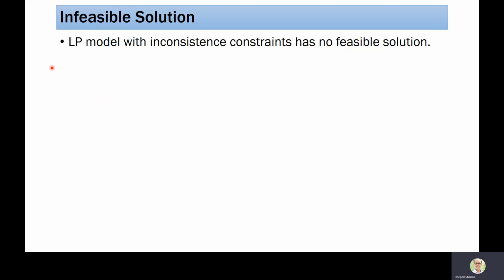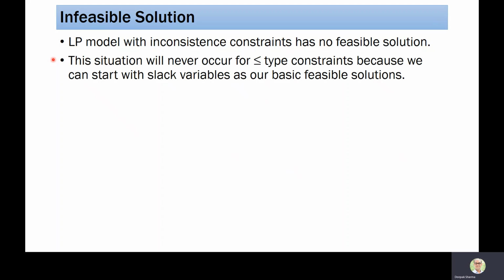Now coming to the last case, which is called the infeasible solution. We already know that an infeasible solution means that some constraint cannot be satisfied. So the LP model with inconsistent constraints has no feasible solution. Suppose we have constraints of the smaller-than type, then our basic solution is feasible.